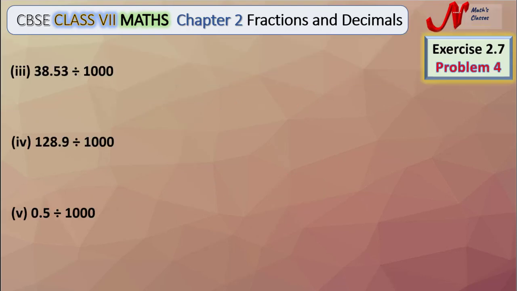0.0263. Next we find the value of 38.53 divided by 1000, which can be written as 38.53 divided by 1000. In denominator we have 3 zeros, so we shift the decimal point 3 places to the left side.